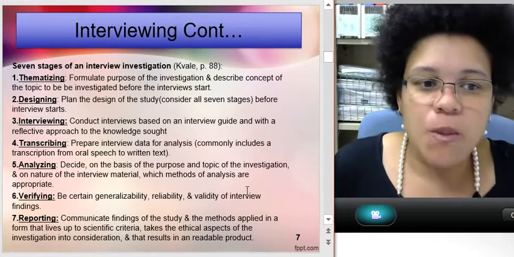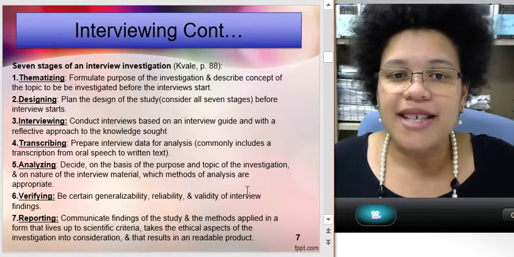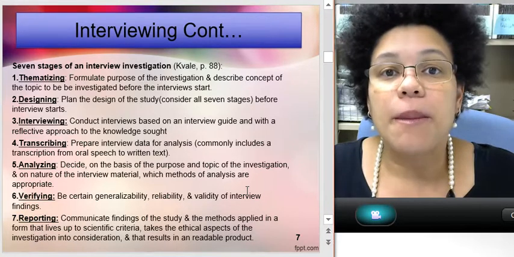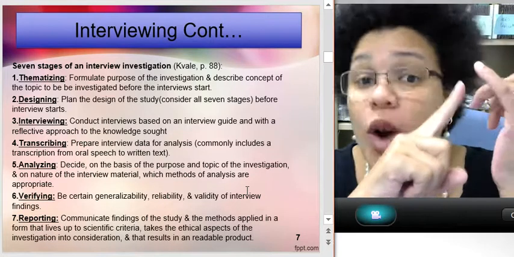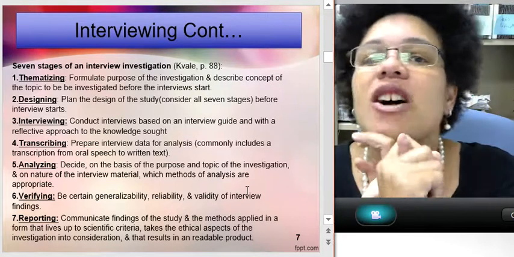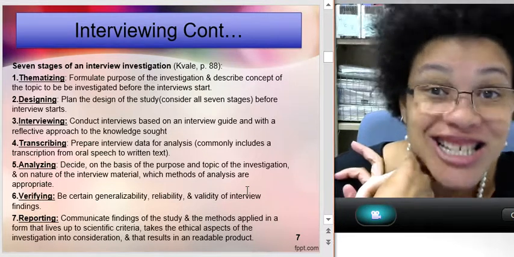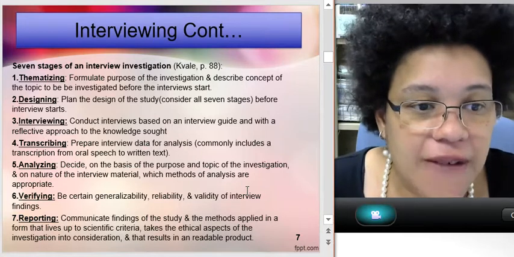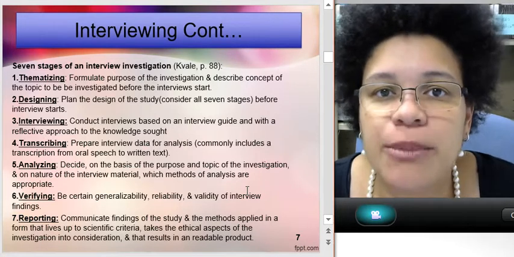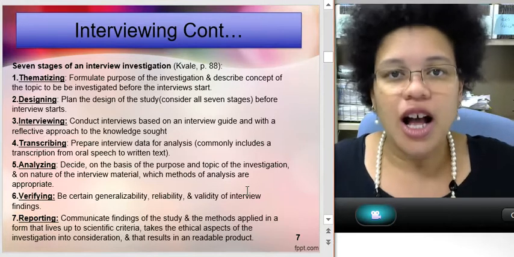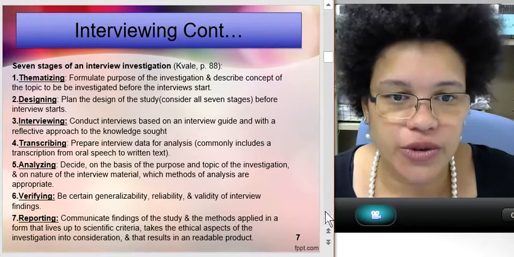Verifying it. There are ways that you want to go about checking, first of all, what you wrote down, and second of all, your interpretations of what you heard. And then reporting. How are you going to communicate your findings? How are you going to express what you learned through your interview or interviews?